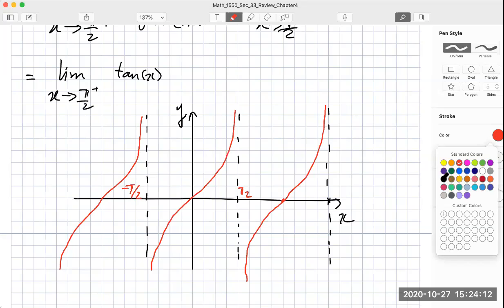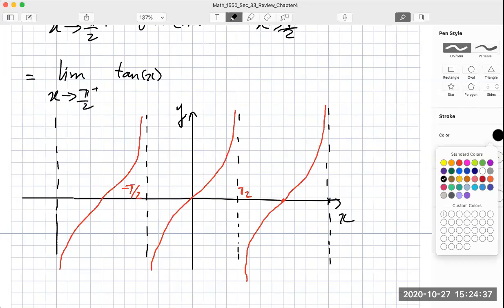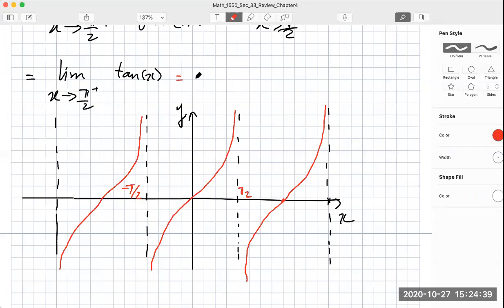Okay, it's not a good graph, but you can imagine it. So here, when x approaches pi over 2 from the right-hand side, what is the value of tangent? Is it negative infinity? Perfect. It is negative infinity. Very good.